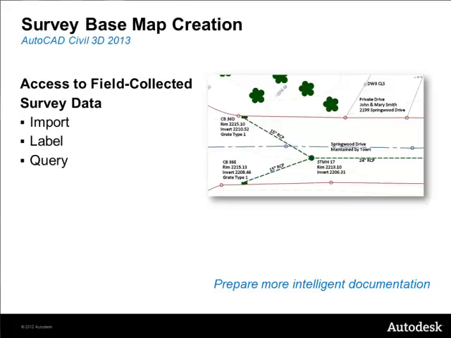With Civil 3D 2013, surveyors can more readily use this attribute information and create more detailed base map and utility plans from their field collected data. There is no need to manually re-enter the information. You can now create more detailed and intelligent designs with additional field information and define queries based on user-defined data.